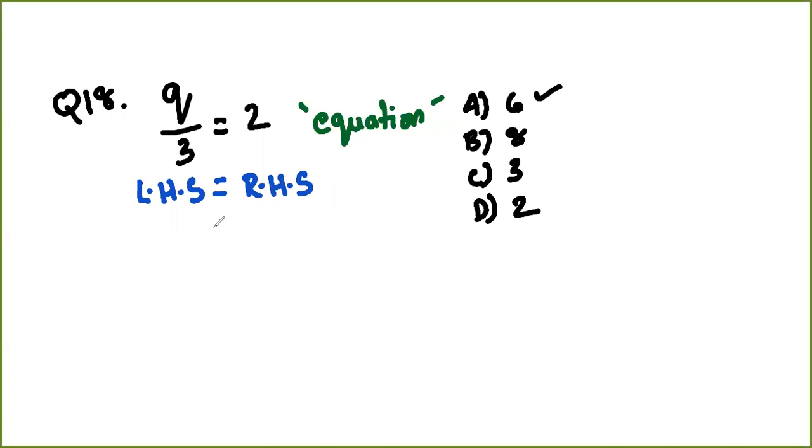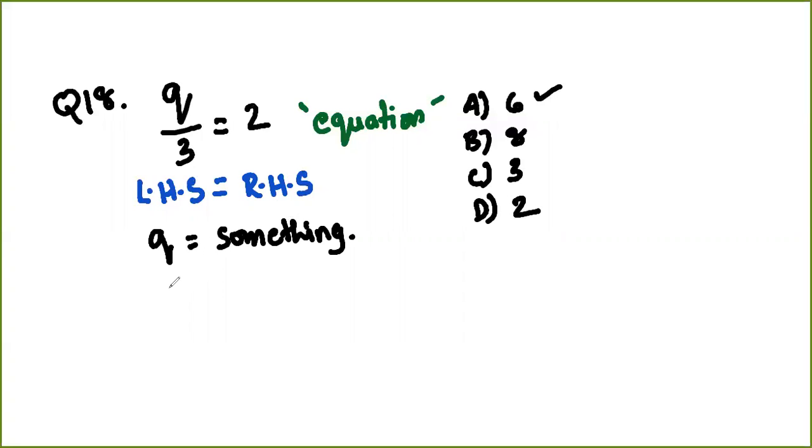So now what we have to do is, I want the answer in this form: q is equal to something. I don't want q by 3 is equal to something, which means I need to get rid of the 3 over here. But I just said that in an equation, the LHS and the RHS have to be exactly the same. So I can't just remove the 3 over here and drop it somewhere else.